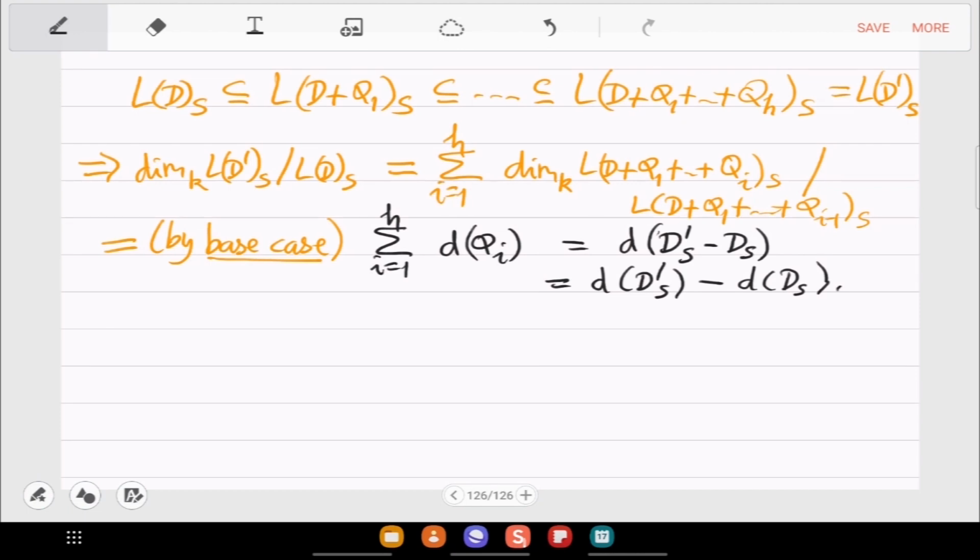Is that clear? So the induction step is pretty easy, just growth of the basis one point at a time.